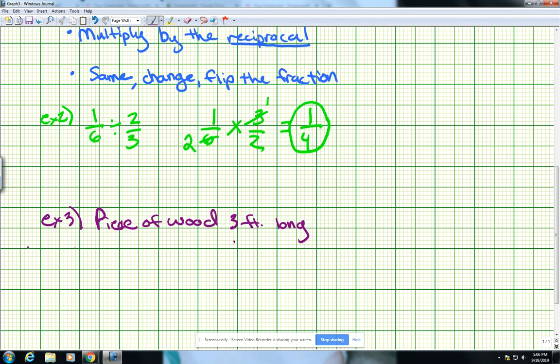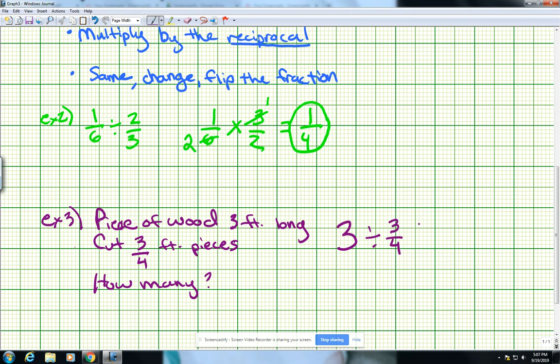Next, we cut 3/4 foot pieces from that 3-foot long piece. We want to know how many can we make. So essentially, we're taking the 3 as a whole, the 3-foot long piece, and we're dividing it into 3/4 sections.